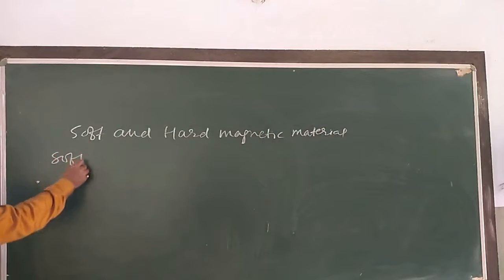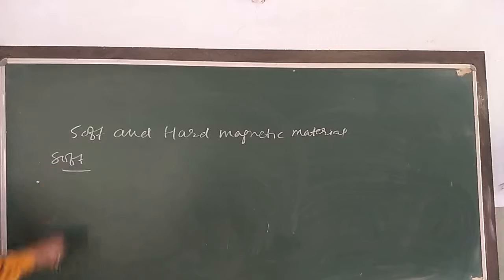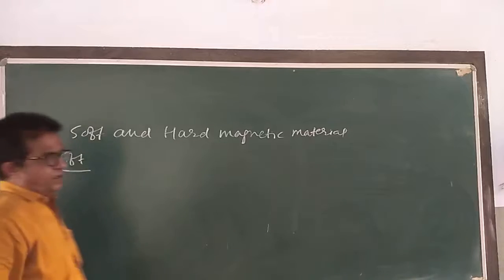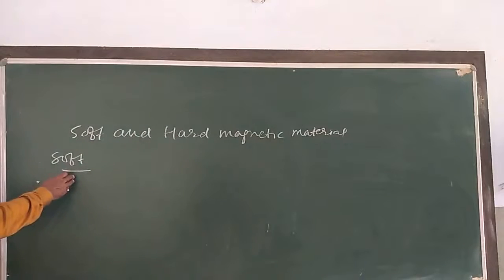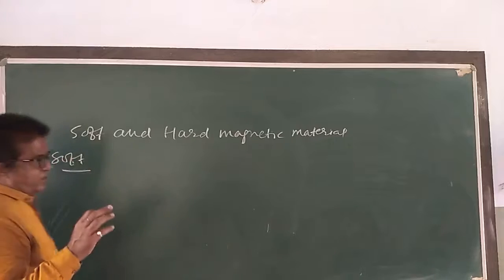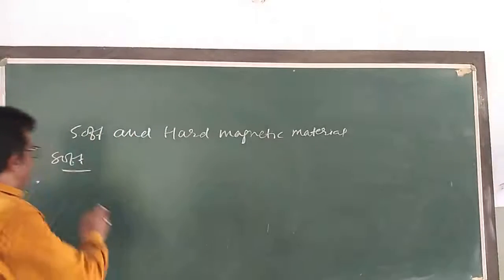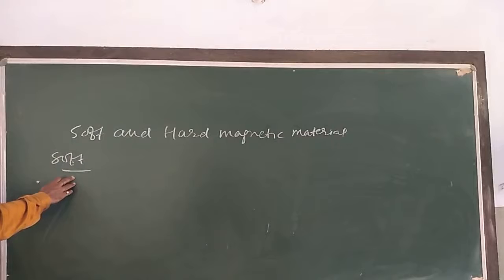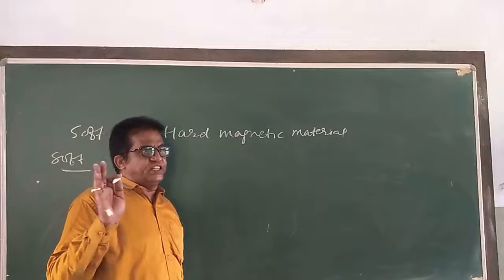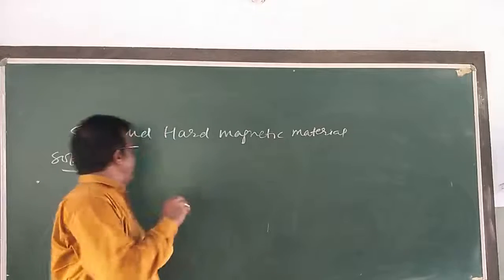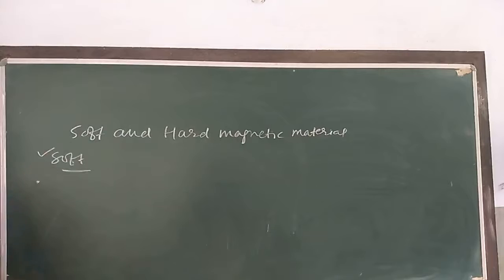In soft magnetic material, the material has low retentivity, low coercivity, small hysteresis loss, and high saturation magnetization. Otherwise, all the things are low. That type of material is called soft material.